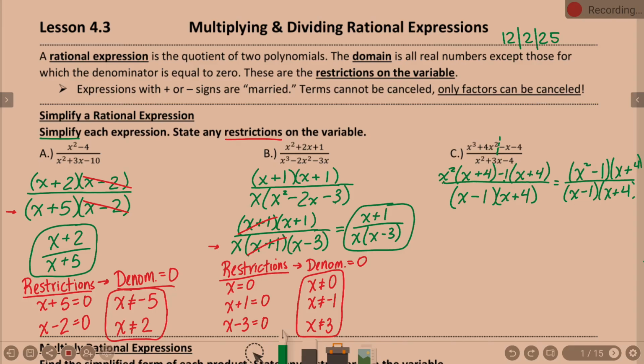Yeah, that x squared minus 1 can still factor farther. That's not something that will always happen, but it does here. So we need to go one more factoring step here. Okay? My denominator of x minus 1 and x plus 4 just carries along.